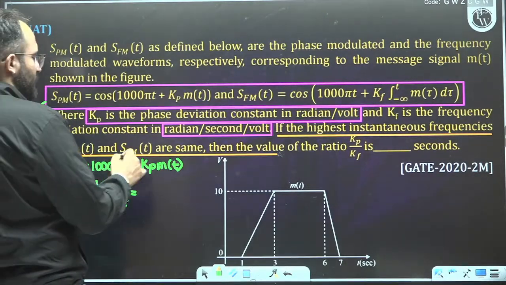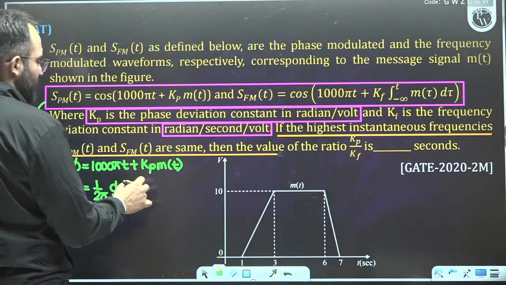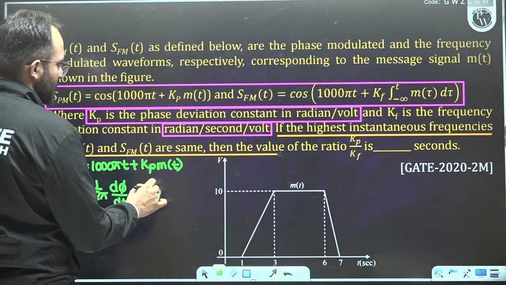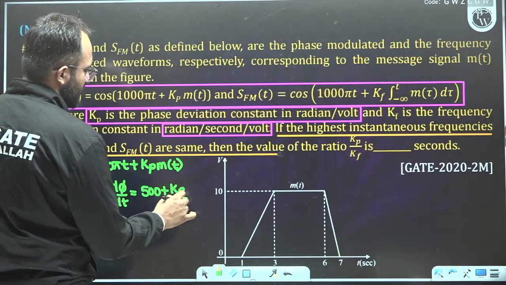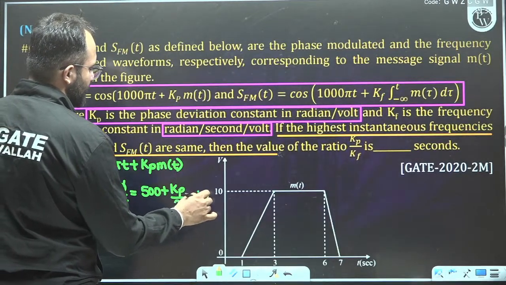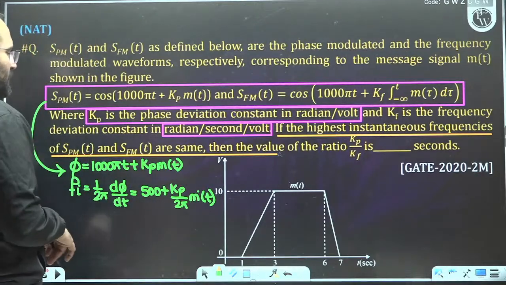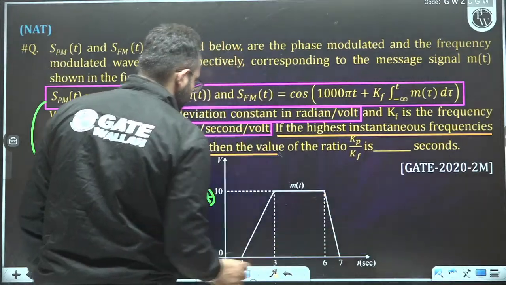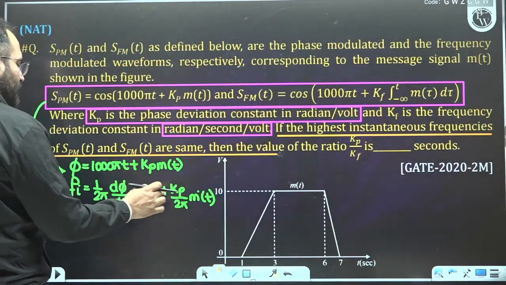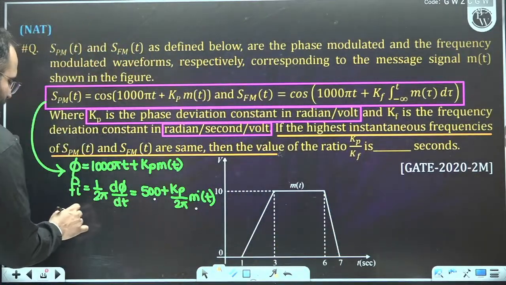So if we simply put 2 pi in the denominator and differentiate this, we'll get 500 plus Kp upon 2 pi m dash t. Okay, now to find out the maximum instantaneous frequency, this is a constant value, we have to maximize this term.